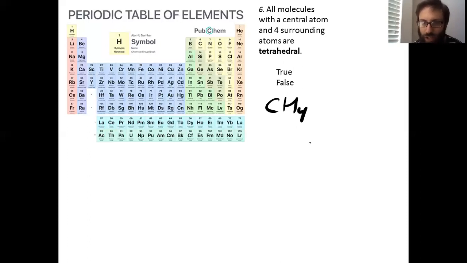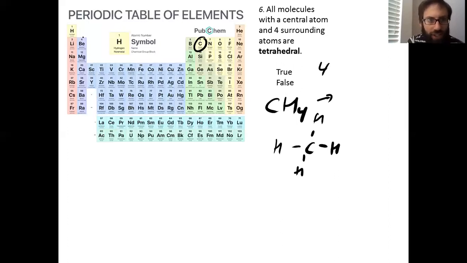We can draw the Lewis structure of this, and the methane Lewis structure would look like this, satisfying the octet rule for carbon, and the duet rule for hydrogen. Carbon's in group 4, and we have hydrogens in group 1. There's 4 of them, so there's 8 valence electrons, and our structure here does have 8 valence electrons.